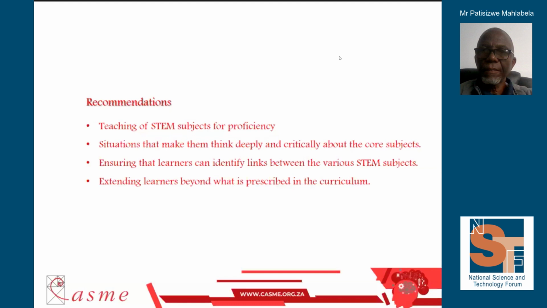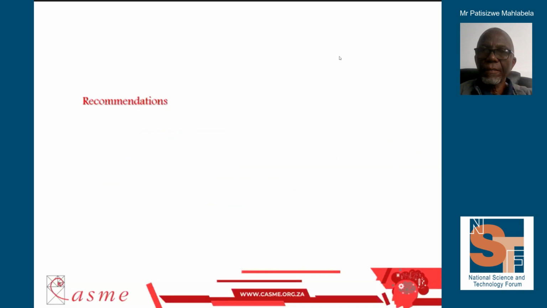We also need to extend learners beyond what is prescribed in the curriculum. That's preparing them for education at the tertiary level. Of course, we've got to cultivate in them an appropriate mindset. That is, we need to provide a bit of mentoring so that we bridge the gap between high school and tertiary education.